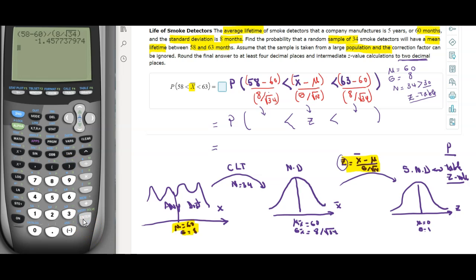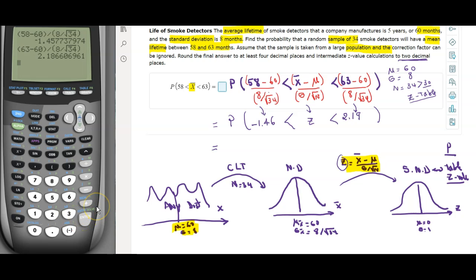This is going to be minus 1.457, and rounded to 2 decimal places, minus 1.46. Then we do the second part. We reuse the same formula, go all the way to the beginning, and change 58 into 63. Enter again, and this is 2.186, which is 2.19 rounded to 2 decimal places.